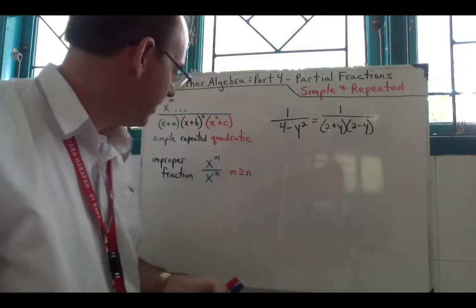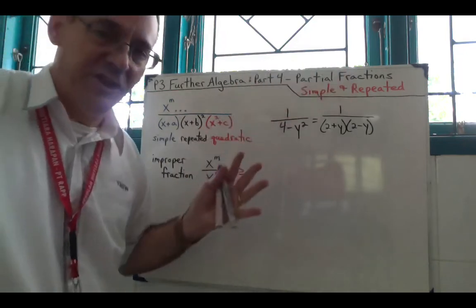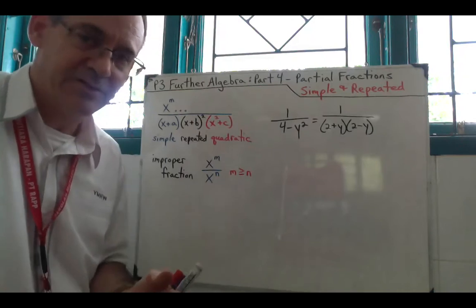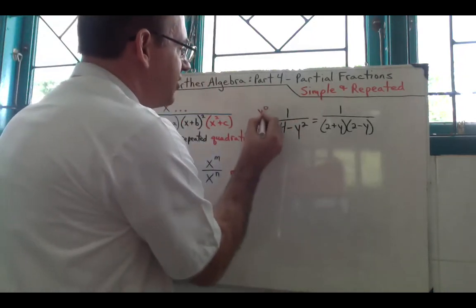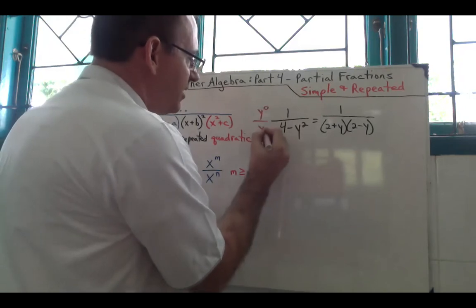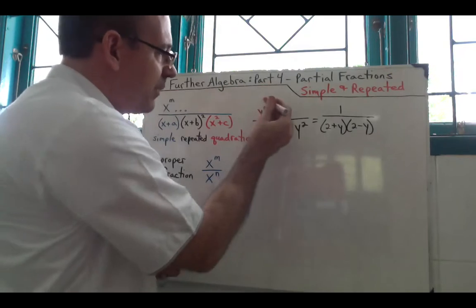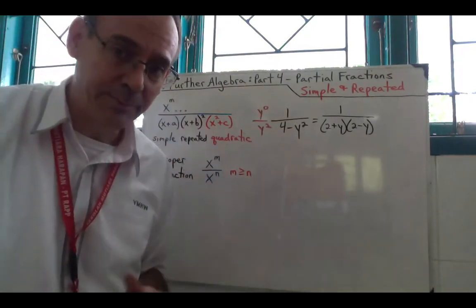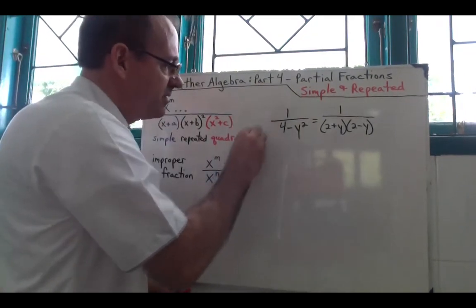And now, again, we're going to start with our improper fraction. We already know there's not any, but you've got to ask the question, get that habit established. So here on top, we have a y to the 0. On the bottom, you can see we have a y squared. It's already in polynomial form. The top is less than the bottom, so there's no improper fraction. Okay? So check that first.